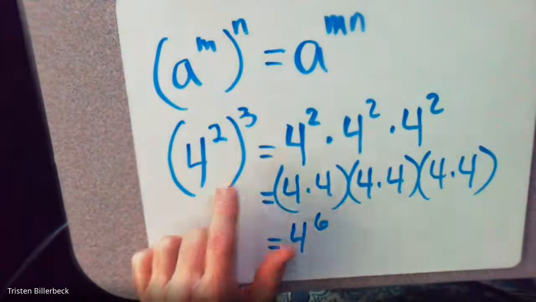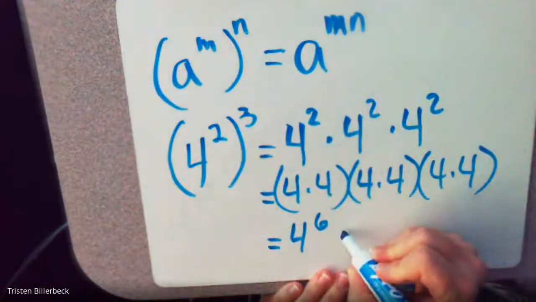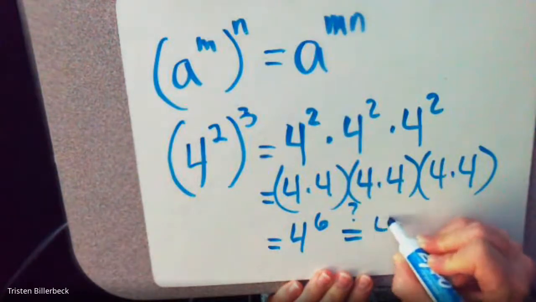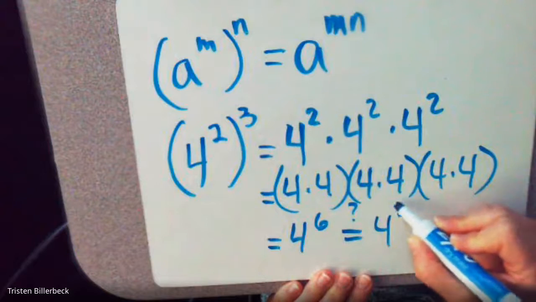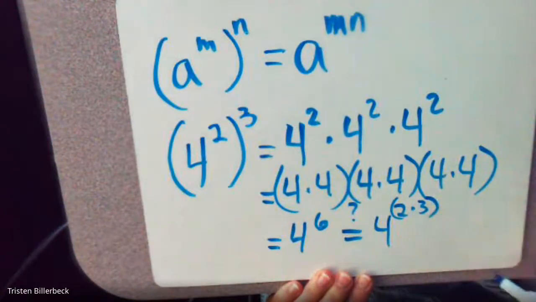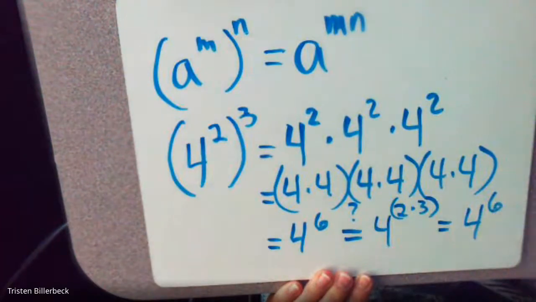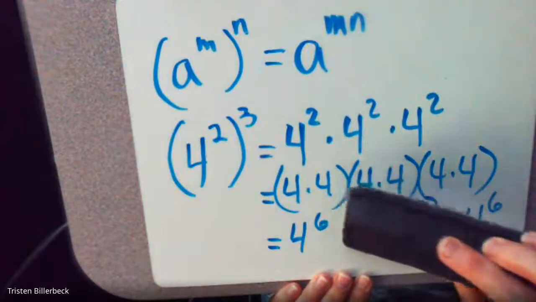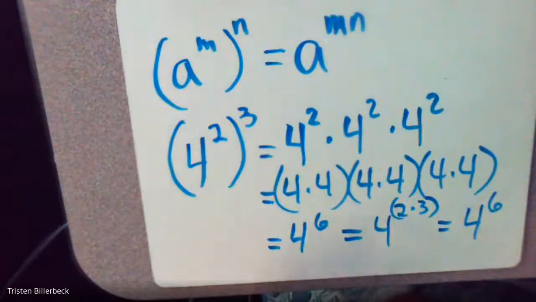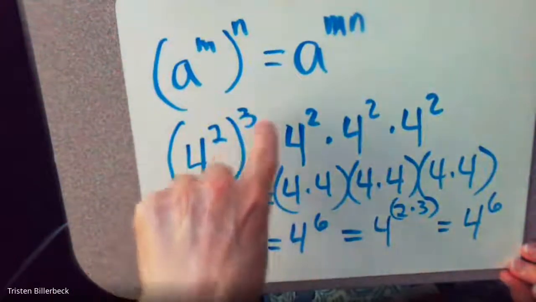Well, this rule says that I could have just multiplied those. So does that equal 4 to the 2 times 3? Well, 2 times 3 is 6, so 4 to the 6. So it does. No more question mark there. So what we have is one base with 2 exponents.